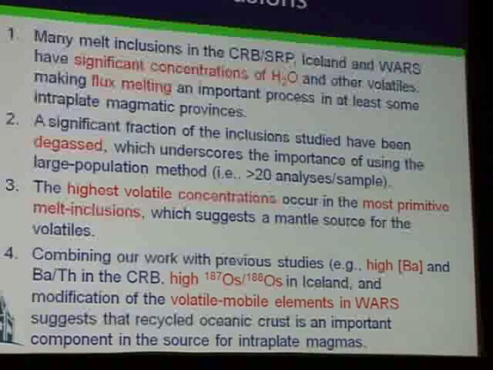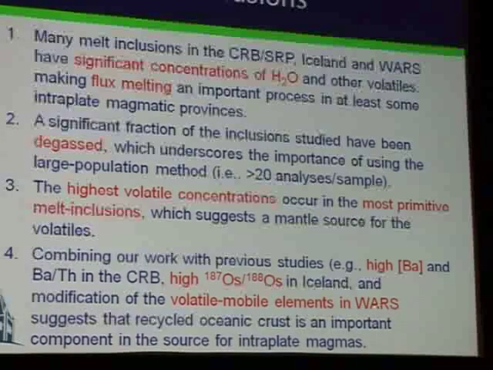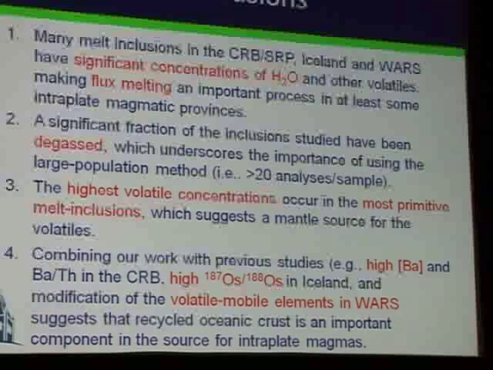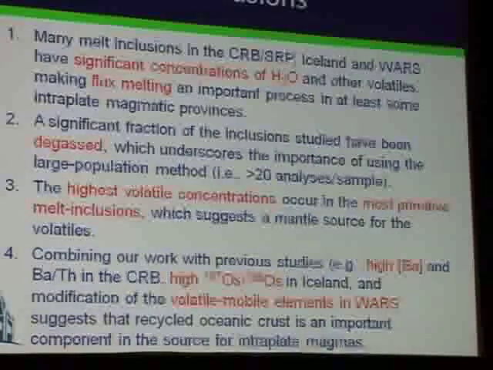And then combining the data that we've produced on water and other volatiles with previous studies documenting, for example, high barium concentrations and also high osmium 187/188 in the place of Iceland, for example, and mobile elements having moved around in the West Antarctic Rift System, we would suggest that these are properties which must originate from the recycling of oceanic crust to relatively shallow levels in the mantle and then getting remobilized to produce the magmas that we see today.